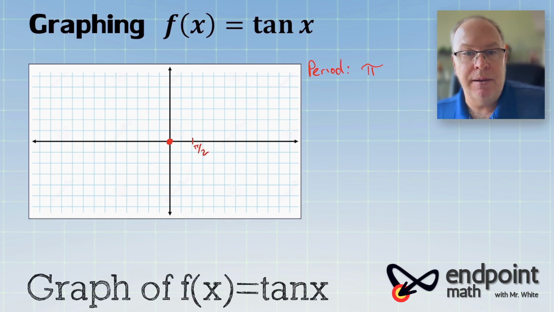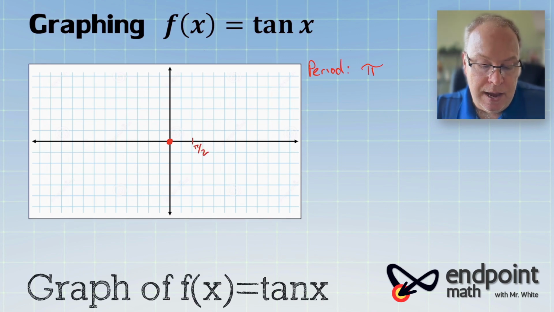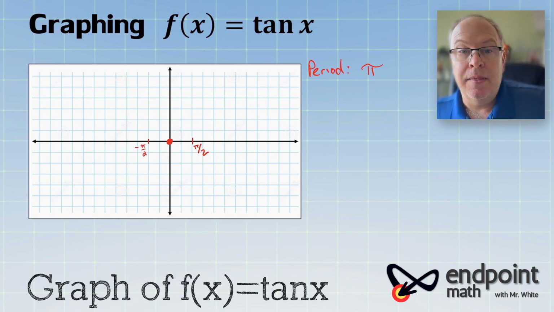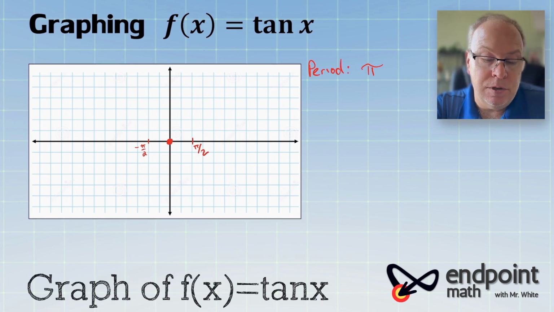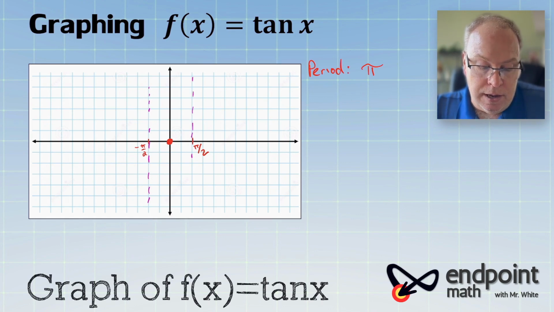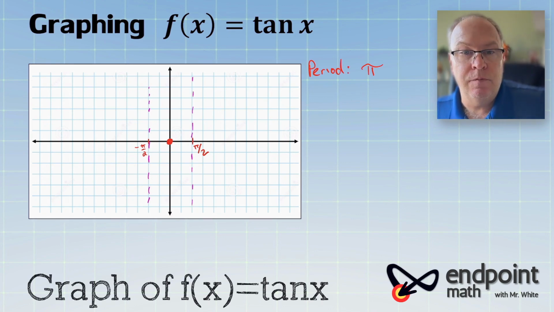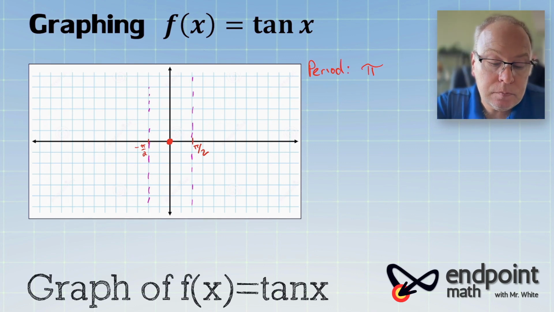So I'm labeling that pi over 2. And then we're going to go a half of a pi in the other direction. So this is negative pi over 2. And that's where our vertical asymptotes go. So I'm going to put some dotted lines there. I would encourage you to do this on your own graphs of tangent to show that there's vertical asymptotes there.